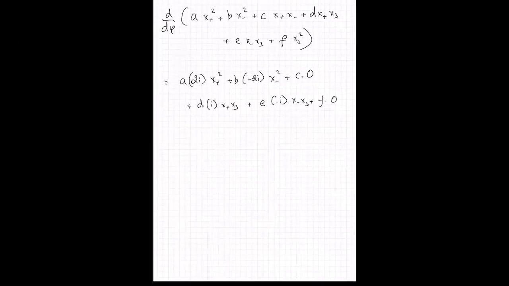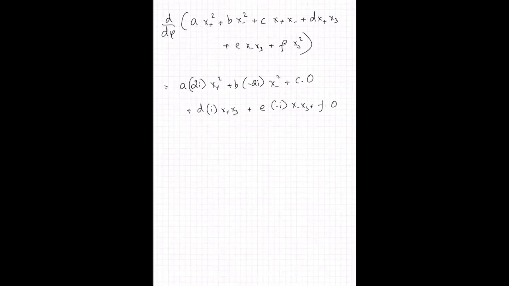Even though we claimed the general case was a sum of all possible terms of order L, it cannot have all possible terms, because such a general polynomial will not be an eigenfunction of L3. If it were to be an eigenfunction of L3, then I can have x plus square alone, because d phi acting on x plus square would give 2i times x plus square, and so on.